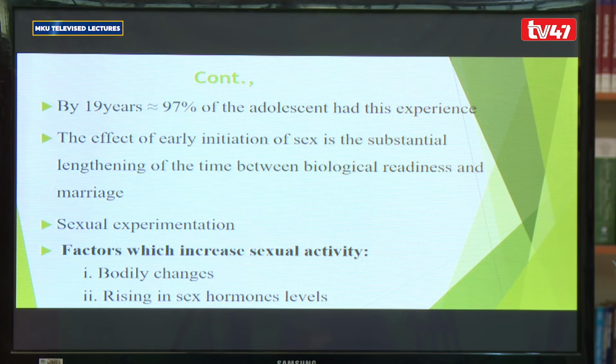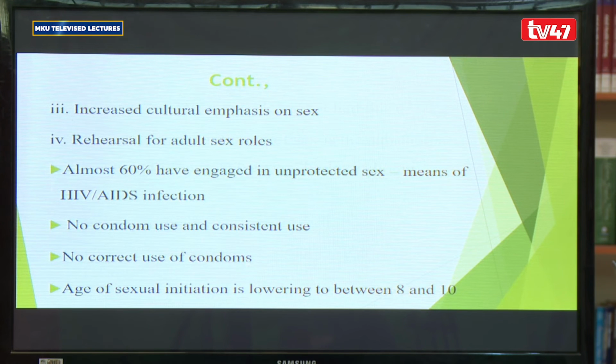Remember, these people are growing up. They are youth. Their bodies are very active. New hormones are being produced. So these body changes, a rise in sex hormone levels, increased cultural emphasis on sex, rehearsal for adulthood, and sex roles: all these four factors increase the spread of HIV by the youths.